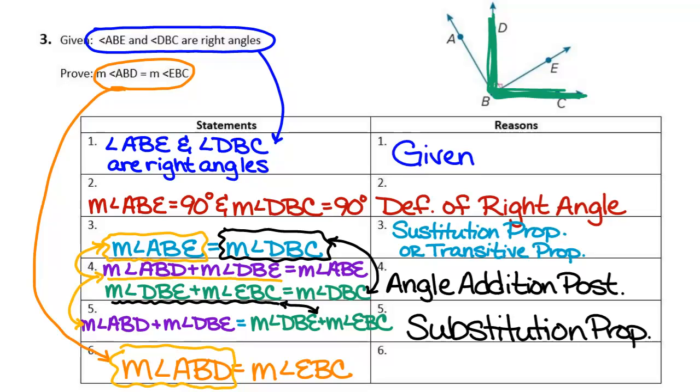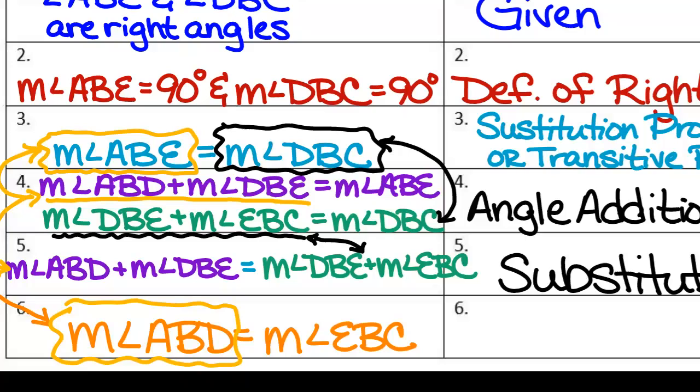I have ABE, that gets treated as one object. I have ABD plus DBE, that gets treated as one thing. DBC gets treated as one object. And DBE plus EBC gets treated as one object. So now we have made this substitution.